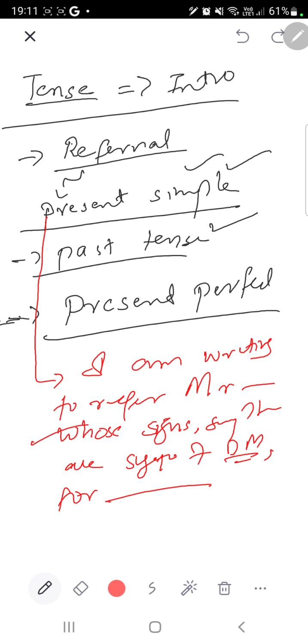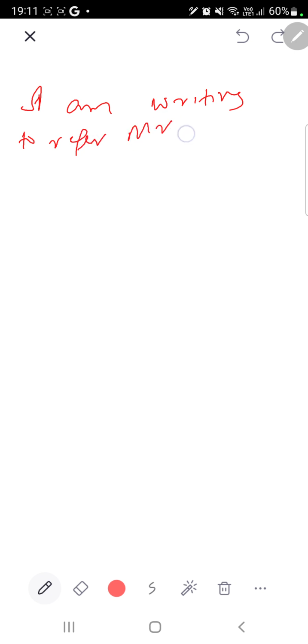So it's a present simple tense. I can also write this letter: I am writing to refer Mr. X, whatever the name is, who is having high blood pressure.